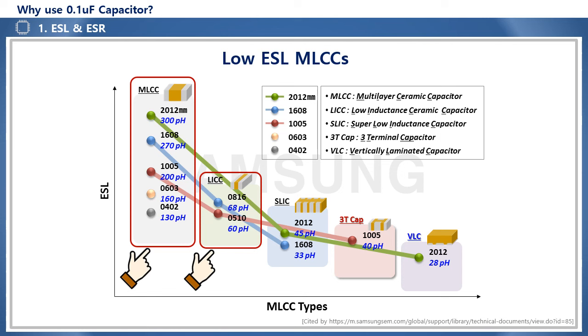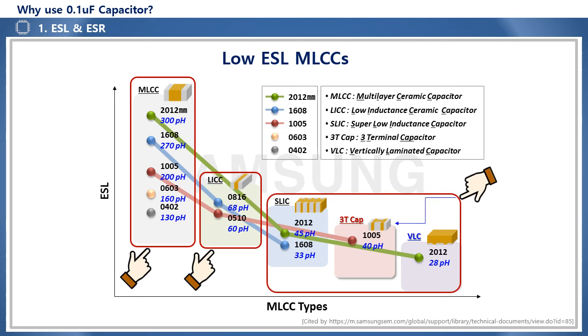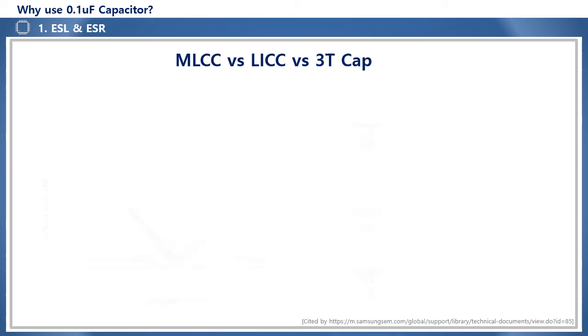This type is also called a flipped or reversed capacitor, meaning that it is turned over. In addition, there are types called SLIC, 3T-cap, and VLC, and you can see that they have very low ESL characteristics of about 20 to 40 picohenry. For applications that require effective low-noise design, the 3-terminal type, or 3T-cap, of these special capacitors from Murata, TDK, and Samsung Electro-Mechanics is mainstream.